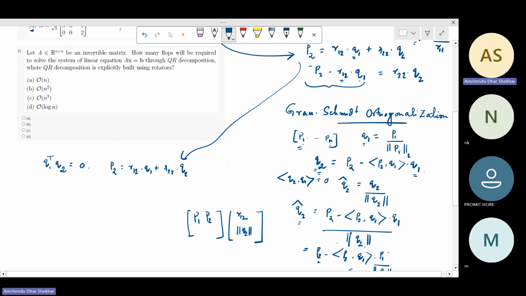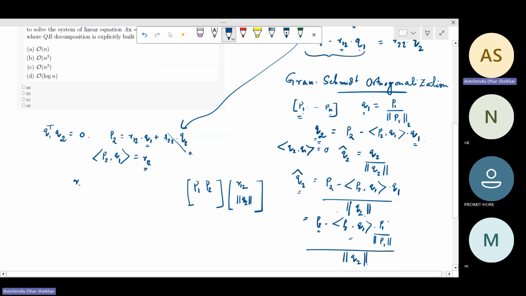So you take an inner product with Q1. If you take an inner product with Q1, then this term drops to 0, and Q1 inner product with itself is 1 because Q1 is a unit norm vector. So you get P2 inner product Q1 is equal to R12, right?